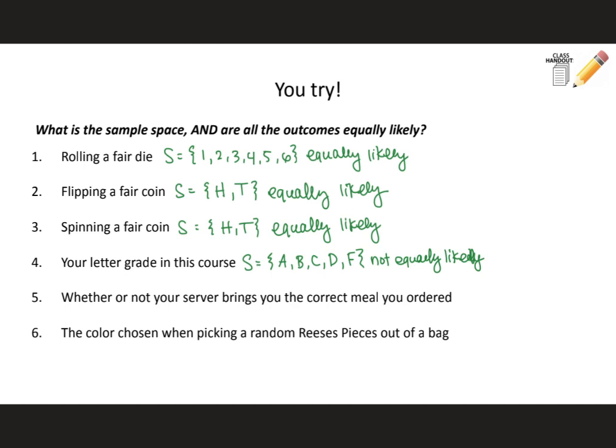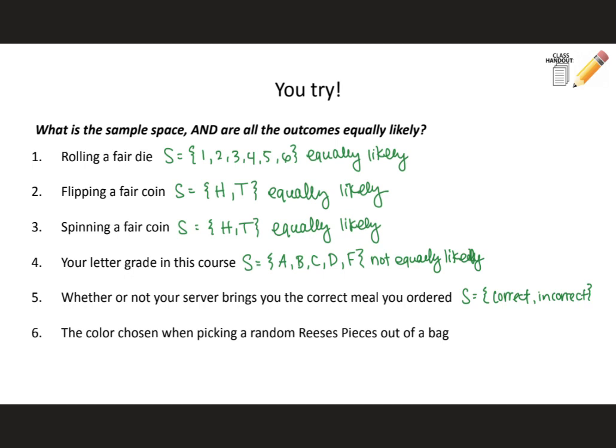All right, next one, whether or not your server brings you the correct meal you ordered. So in terms of the sample space, the situation is the server brings you the correct meal. Well, they either do or they don't. So we can say it's correct or incorrect. So we have to ask ourselves, is that a 50-50 shot?